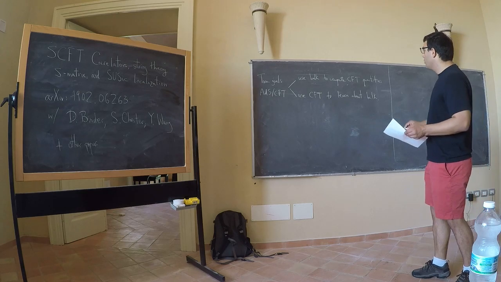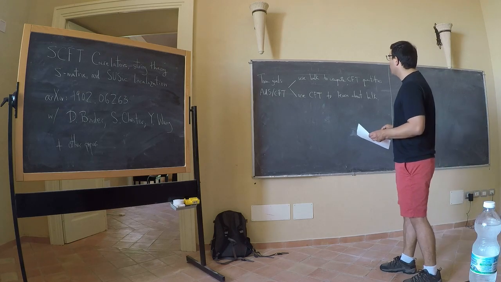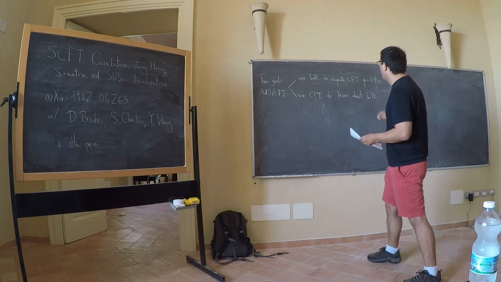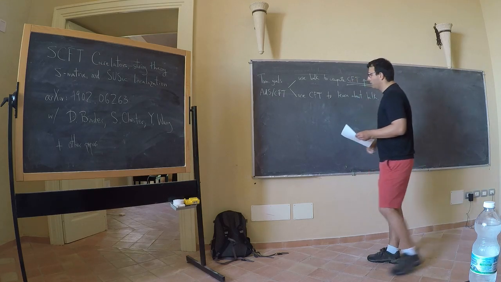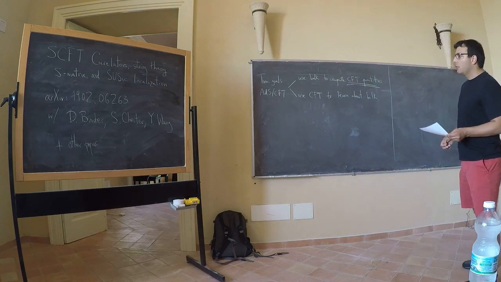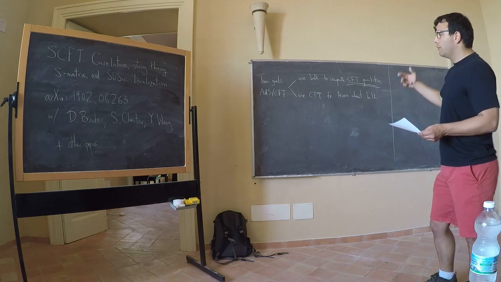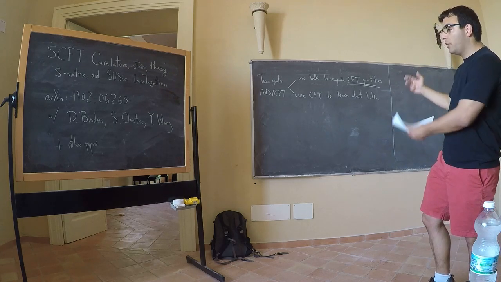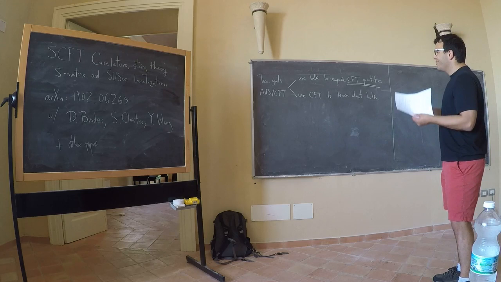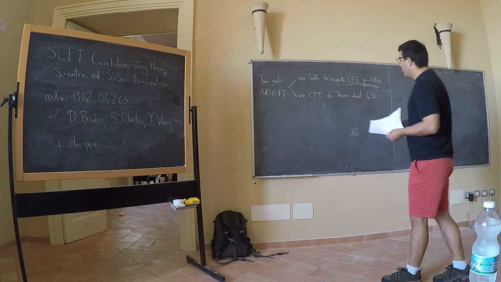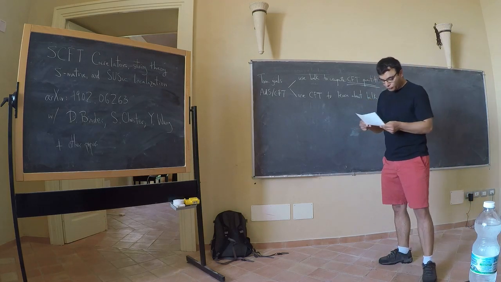In this talk, it will be mostly learning about the CFT quantities, but there are other instances of similar things to what I'll talk about where the goal would be to learn about the bulk.